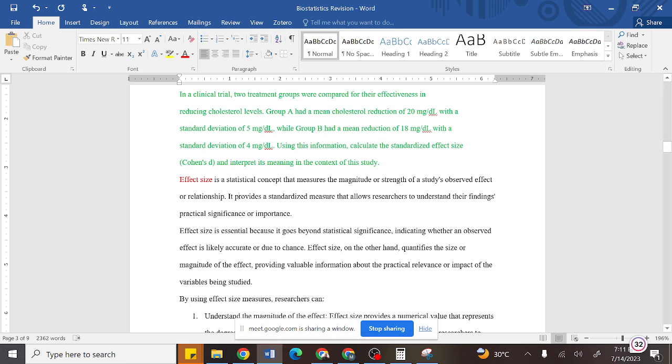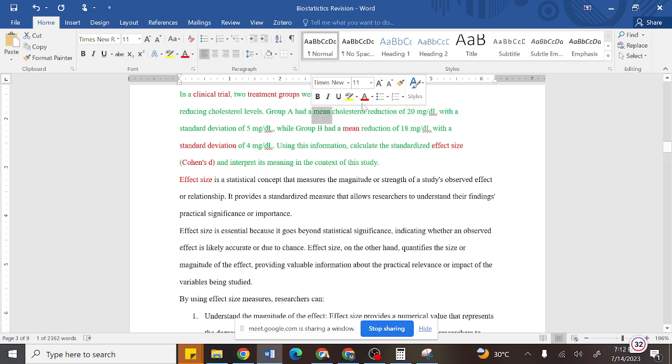Okay? So the key terms here are Cohen's d, and then effect size, and of course clinical trial, which I've explained a little bit, and then treatment groups, and then we also have the mean, because we have the means.